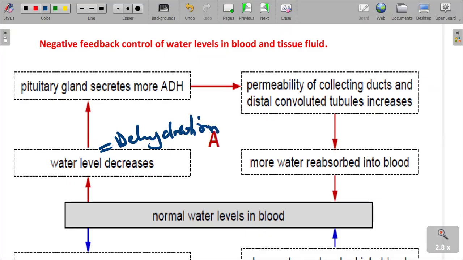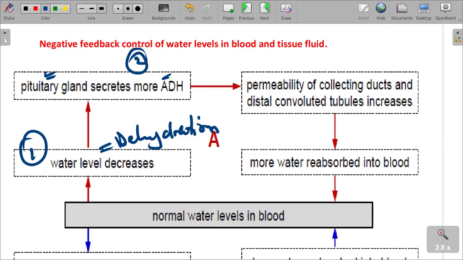What happens? So water levels decrease, so we can say this is one, and then the pituitary gland secretes what? The pituitary gland, class. Which gland is responsible for the balancing of water in the body? It is the pituitary gland. How? By secreting ADH. So that is two. ADH is secreted when water levels decrease.